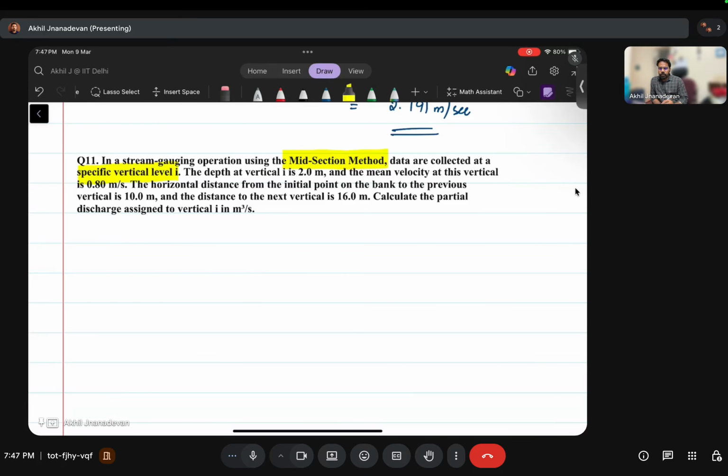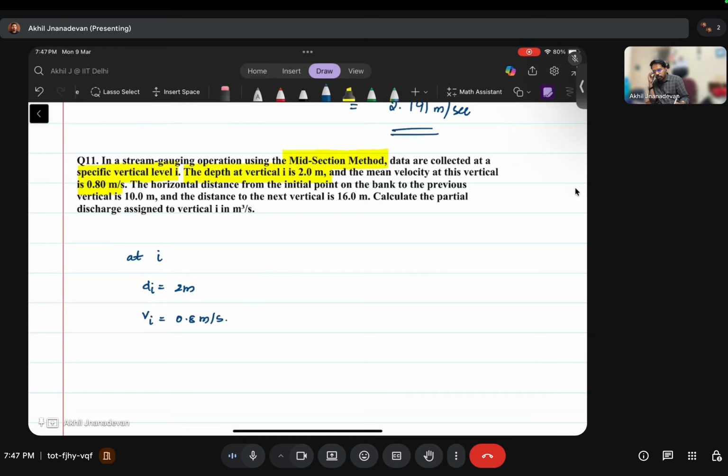The depth at vertical i is 2 meter, and the mean velocity at i, di is 2 meter and velocity vi is 0.8 meter per second. The horizontal distance from the initial point on the bank to the previous vertical is 10 meter.